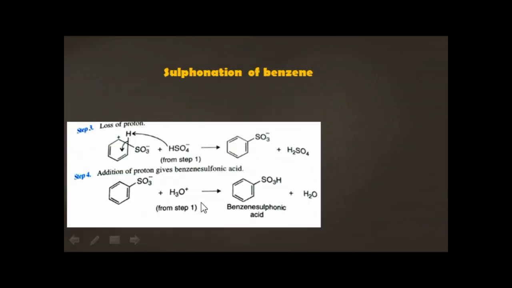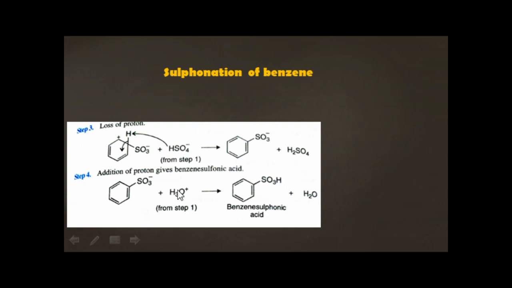So this SO3 attacks the benzene ring, leading to the formation of the carbonium ion. This carbonium ion is resonance stabilized, that is, it may be called a sigma complex. In the third step, loss of proton leads to the formation of sulfonate ion. This is the substituted product in the ionic stage.